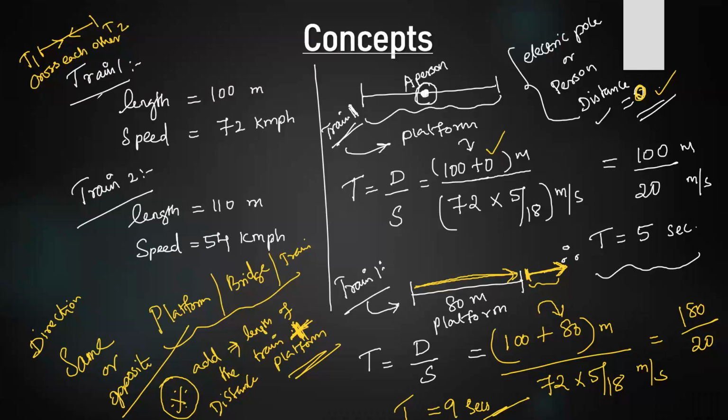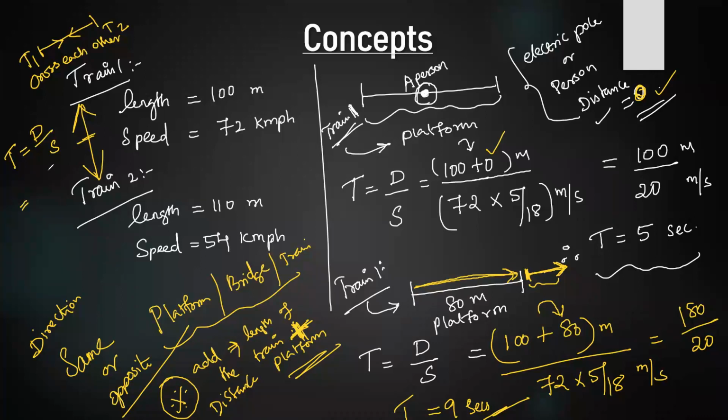Suppose the question is like this. Train 1 and train 2 are coming in opposite direction. How long will it take to cross each other?